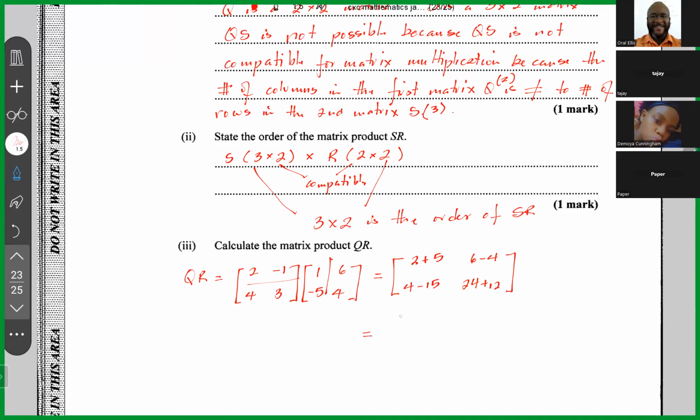So our final answer is 7, 2, minus 11, 36. The matrix product QR is 7, 2, minus 11, 36.